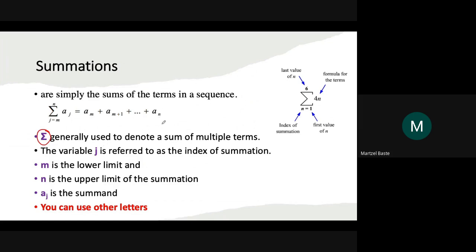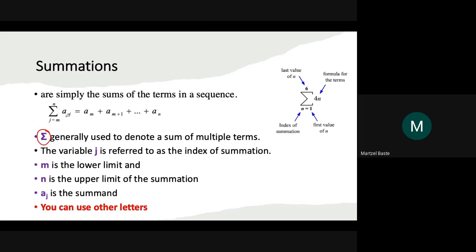Okay, so it is used to denote a sum of multiple terms. If you have seen that symbol in your calculus or previous math concepts, we call it summation, or simply the sum of the terms in a sequence, where the variable j denotes that it is the index of summation.